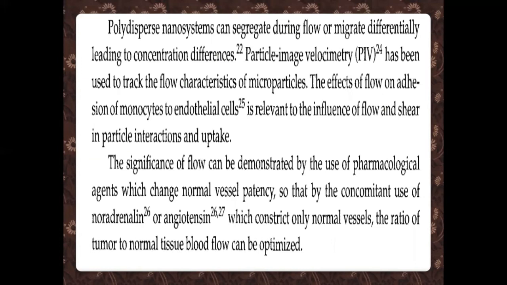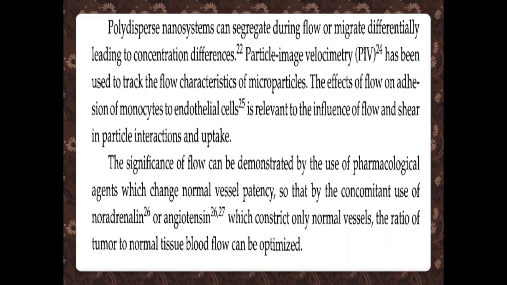The significance of flow can be demonstrated by the use of pharmacological agents which change normal vessel patency, by the concomitant use of noradrenaline, that is a hormone, or angiotensin, which constrict only normal blood vessels.